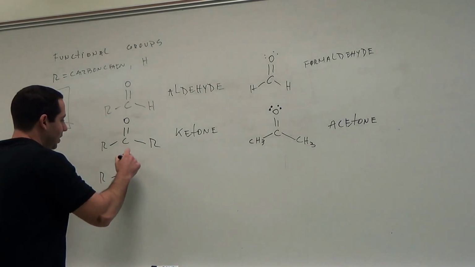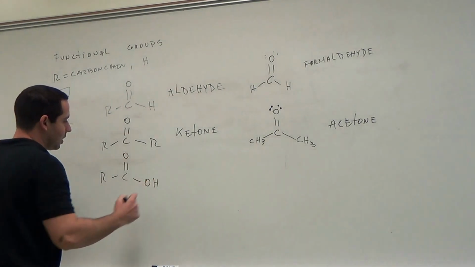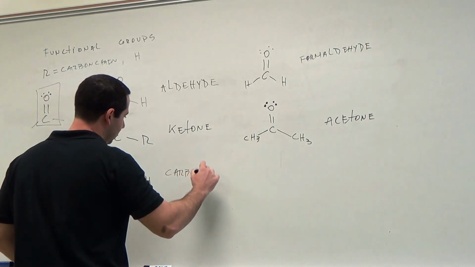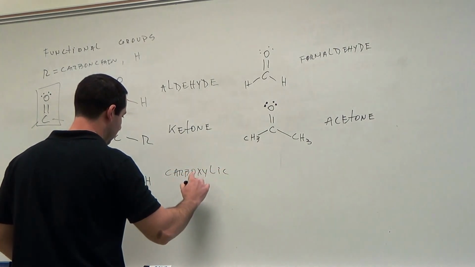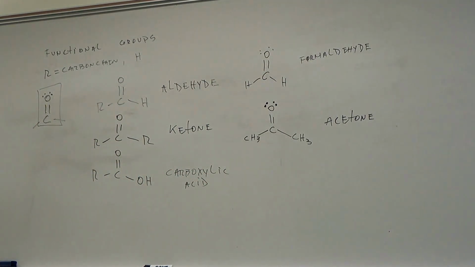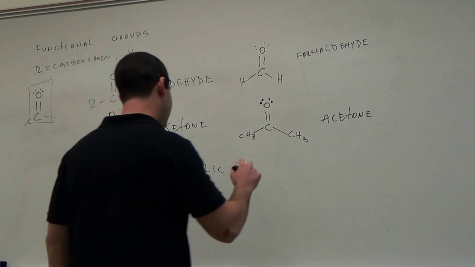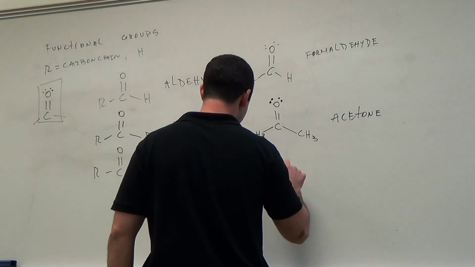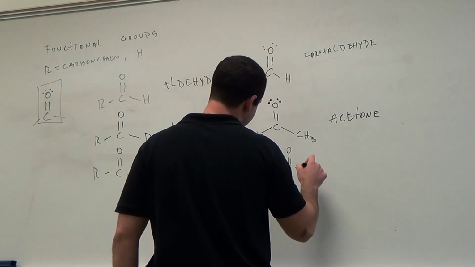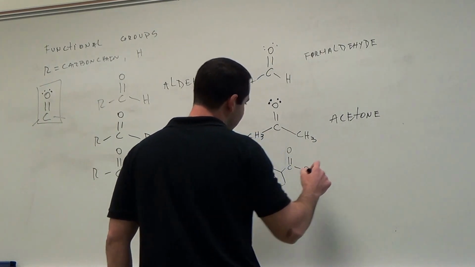So we can have something like this, and this is called a carboxylic acid. And we have things like benzoic acid, which are used as preservatives, or a derivative of this. This is benzoic acid.